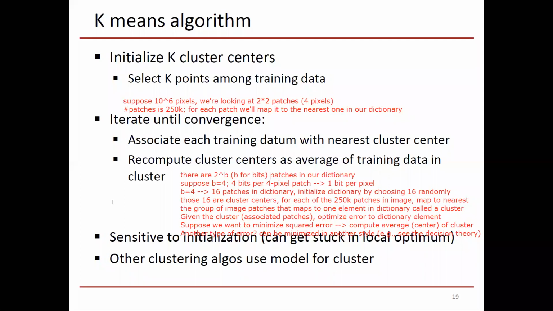So to get this to work well is somewhat of an art, and you'll be looking into this in part during the project. Part of the problem is that this algorithm is sensitive to initialization. Based on how you selected the initial k points in the training data, you could get stuck in a local minimum.